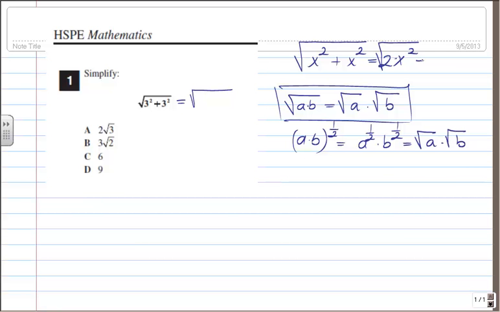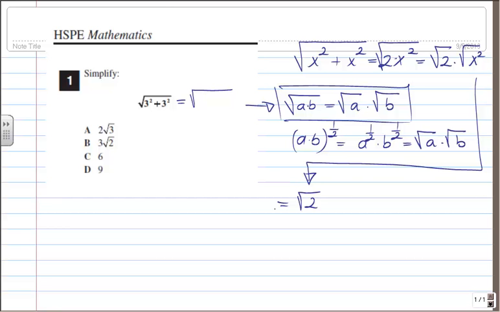Okay, so let's get back to my problem here. Now, using this property, I can rewrite that square root of 2x squared as what? Square root 2 times square root of x squared. And let's bring that down here. Okay, but square root 2, not too much I can do about it, right?